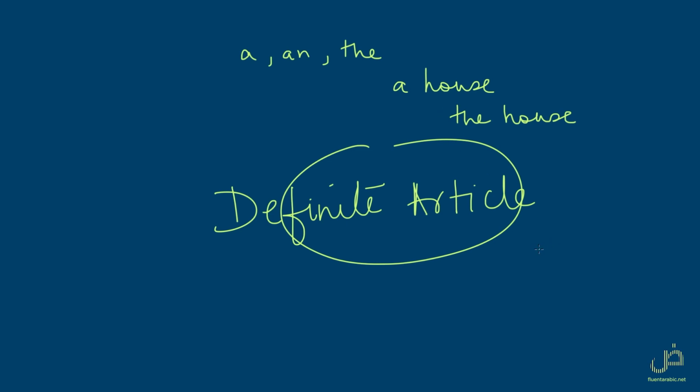In Arabic, if you want to make something definite, you use the alif lam. And this will make it definite. For example, if we say baytun, this means a house.